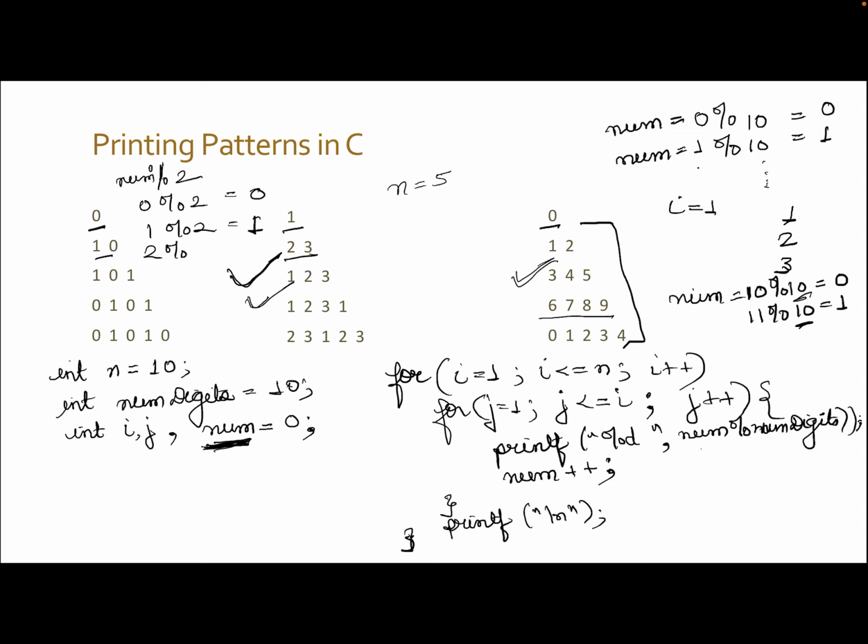Then I increase: 2 mod 2 gives 0, 3 mod 2 gives 1, 4 mod 2 gives 0. So I'll get this pattern. So here I will use num digits as 2 and can print this pattern in a similar way.